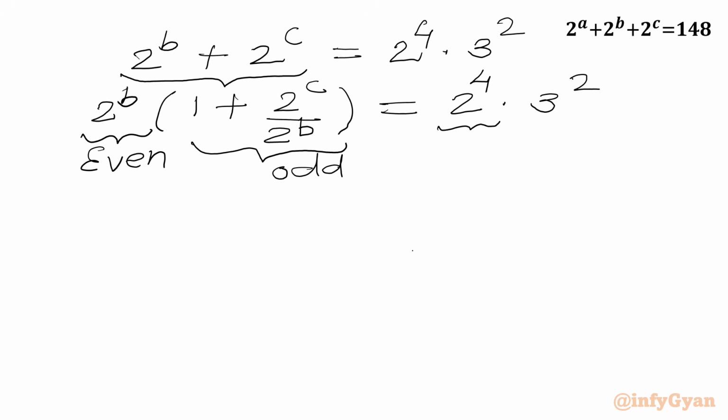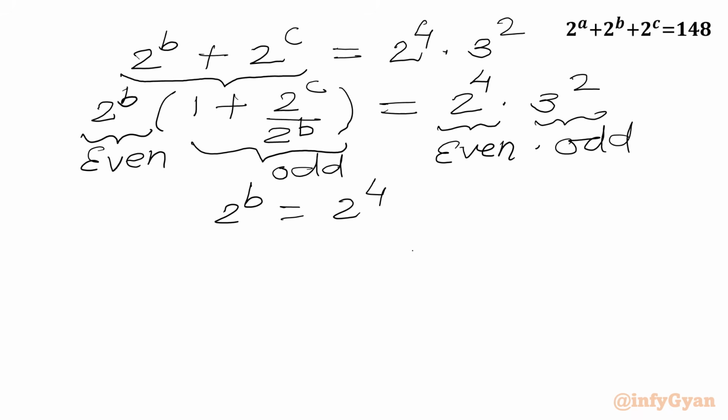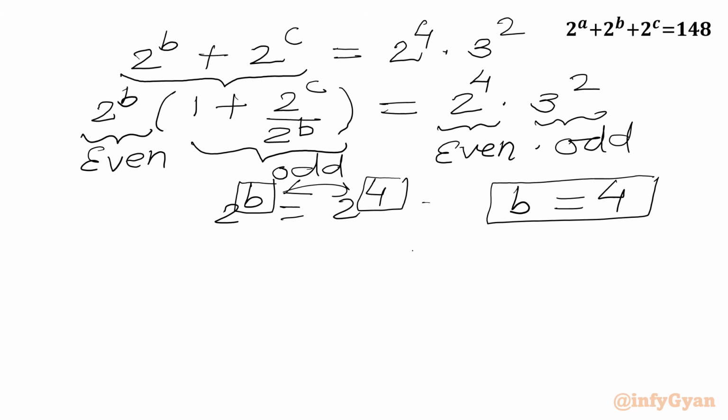In the RHS we have the product of an even number with an odd number. We can compare even with even and write 2 power b equal to 2 power 4. Bases are same. We will compare exponents. So our b will be equal to 4. So a is 2, b is 4. Now our target is to find c.